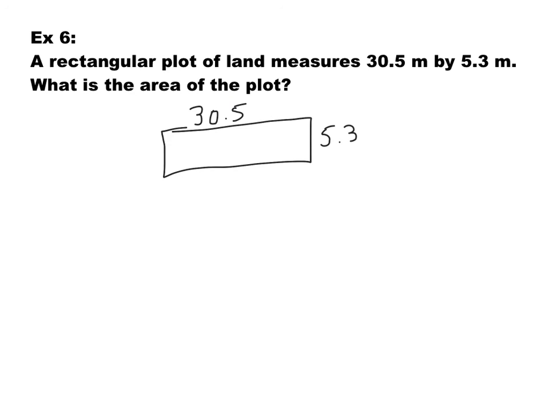We are supposed to find the area of the plot. We know that the area of a rectangle is length times width. So I have to find area is equal to 30.5 times 5.3.